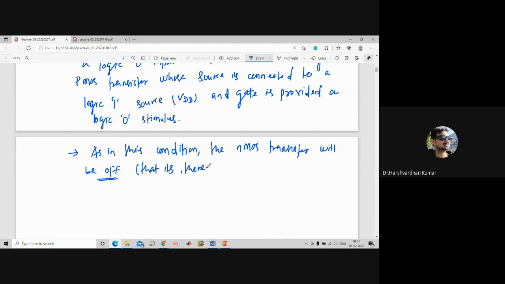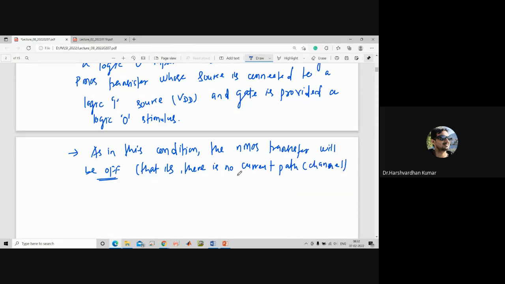So why will it be off? What is the physics behind it? Why will the NMOS transistor be off for logic 0, which means 0 volt? Because there will be no channel. No channel means there will be no current path, right? So there is no current.